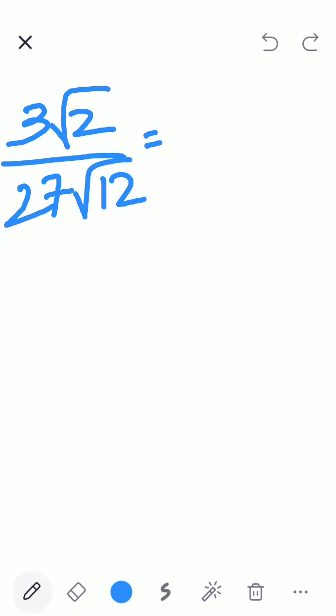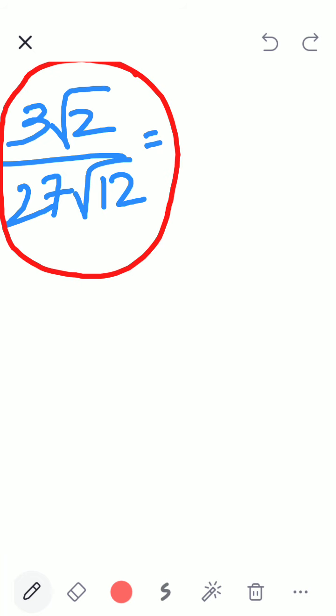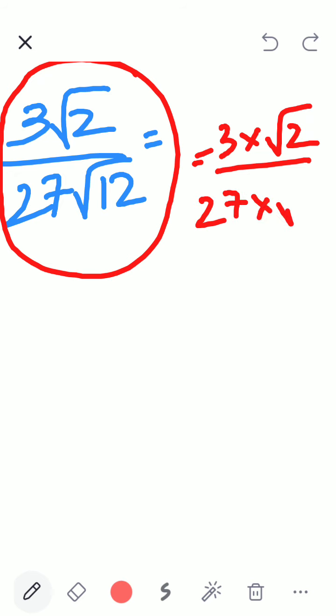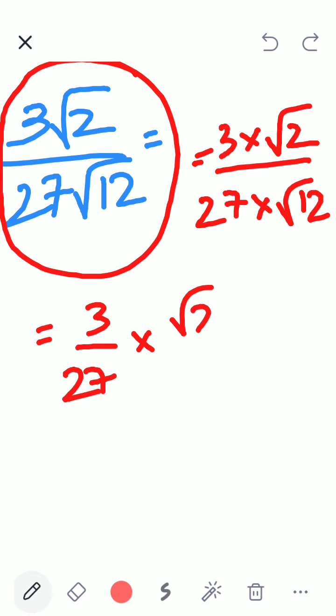Okay. Now, children, look at this very carefully. This is what? Nothing but multiplication and division. You can always write this as 3 multiplied by root 2 divided by 27 multiplied by root 12. Whenever you have only multiplication and division like this, you can write this as 3 divided by 27 multiplied by root 2 divided by root 12.